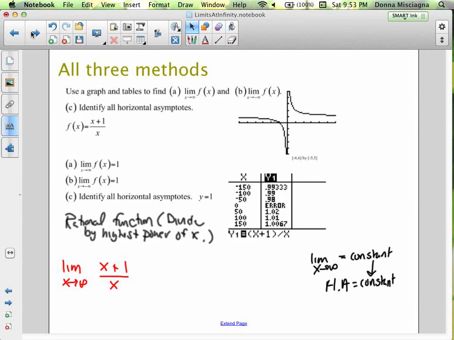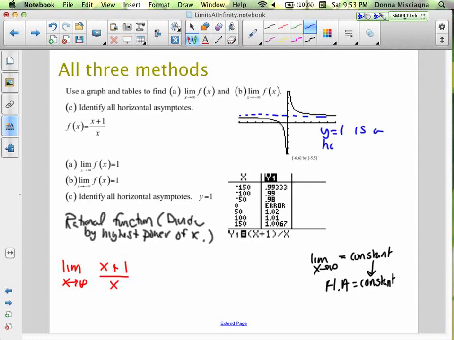So here we can see all three methods. Here we see graphically, it appears from our graph, we have a horizontal asymptote right here at 1. So y equals 1 is a horizontal asymptote.